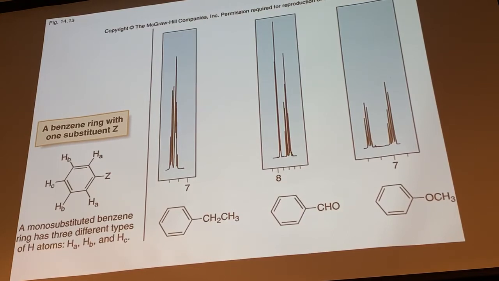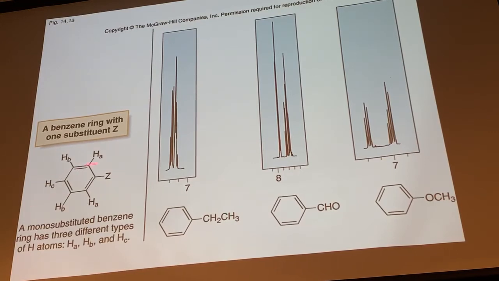What would HA look like? Each HA has one neighbor, so we would just apply the n+1 rule. So HA would be a doublet. HC has two neighbors that are equivalent to each other. So HC would be a triplet.